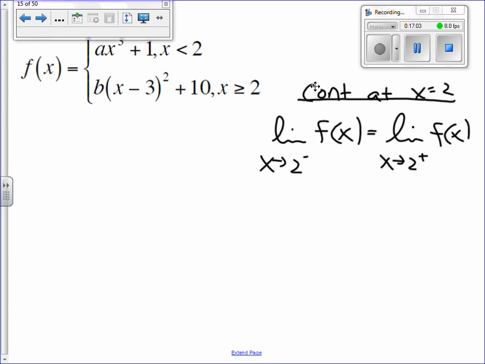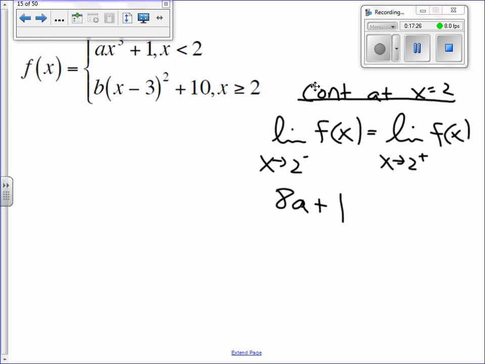What would the limit be as x approaches 2 from the left? Plug 2 into the x of your first branch. What do you get? 8a plus 1. We plug 2 into the first branch because x is less than 2. That has to equal the limit as x approaches 2 from the right.